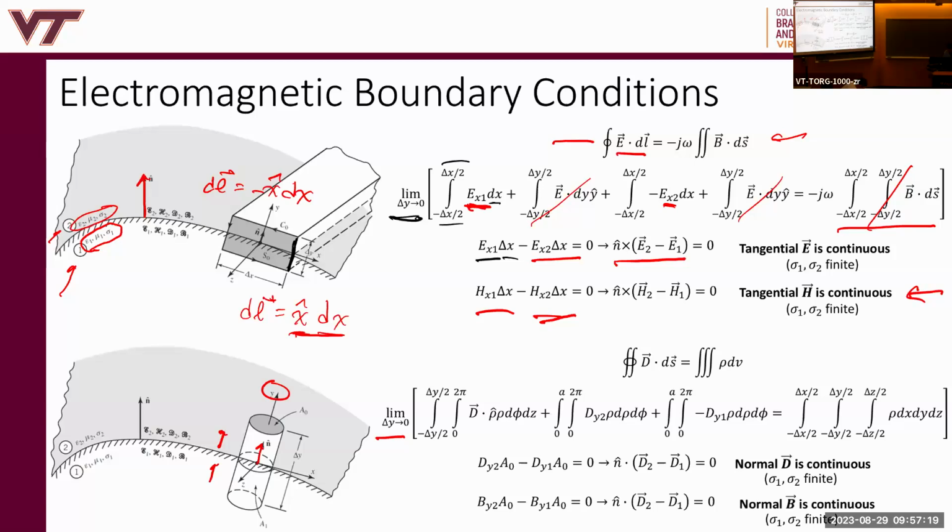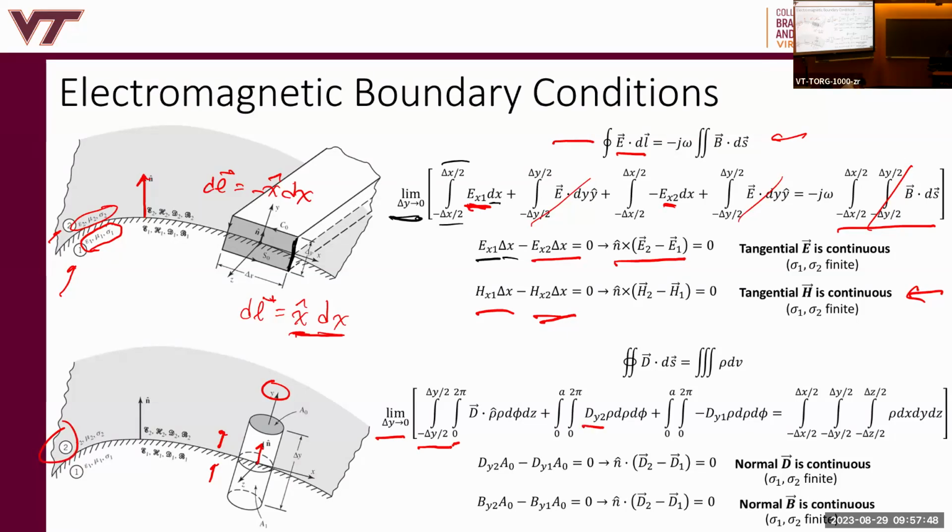I have the first face, which is 0 to 2 pi in phi. We're going to integrate with respect to phi and z, and delta y over 2 to negative delta y over 2, D dotted with rho hat, rho dz. This is the integration of D dot dS in cylindrical coordinates for the side, the cylinder around the side. Add to that the integration on the top, right? So the top surface is Dy2. Here's medium 2.